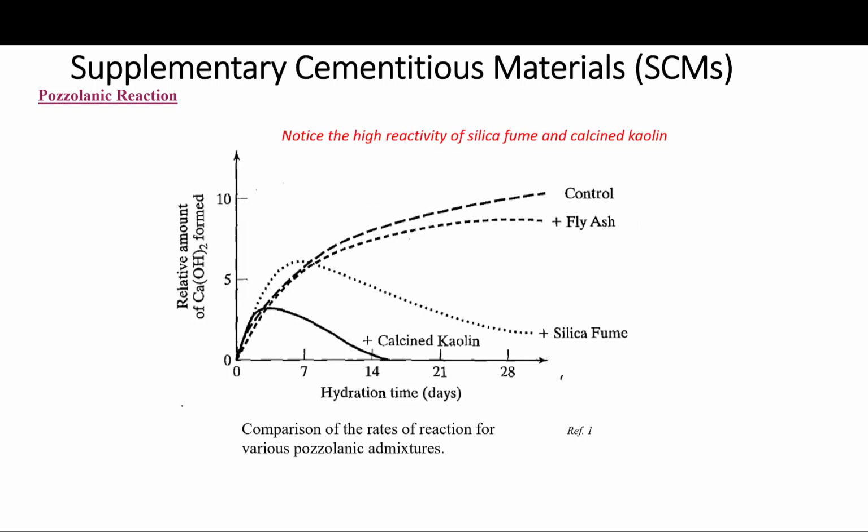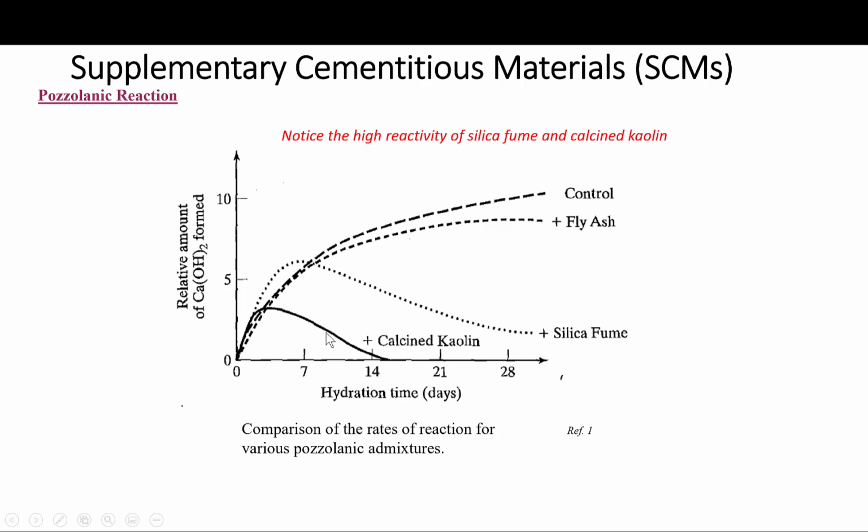So let's look at this graph I talked about earlier. You will see here time versus the relative amount of calcium hydroxide formed. In the cases where we have this control mix, this is just cement without any substitution. Here we added fly ash. Here we added silica fume. Here we added calcined clay or metakaolin.